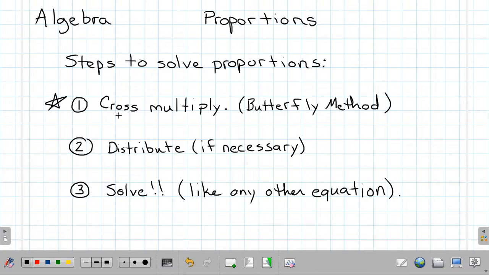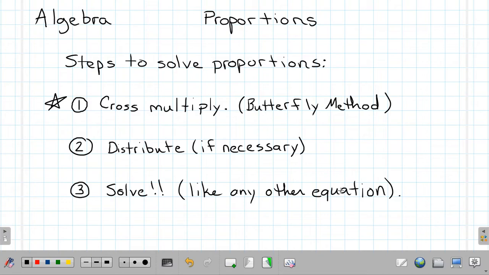And then the last step is a broad step, because we're relying on being able to solve all the different types of equations we saw before, which in this case is just solve, okay? Like any other equation, you might end up with variables on both sides, two-step equations, multi-step equations, or maybe one-step equations.